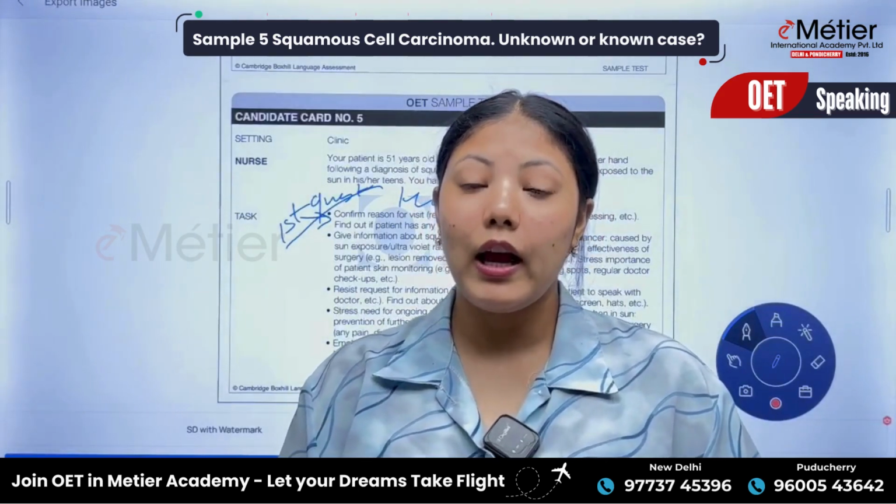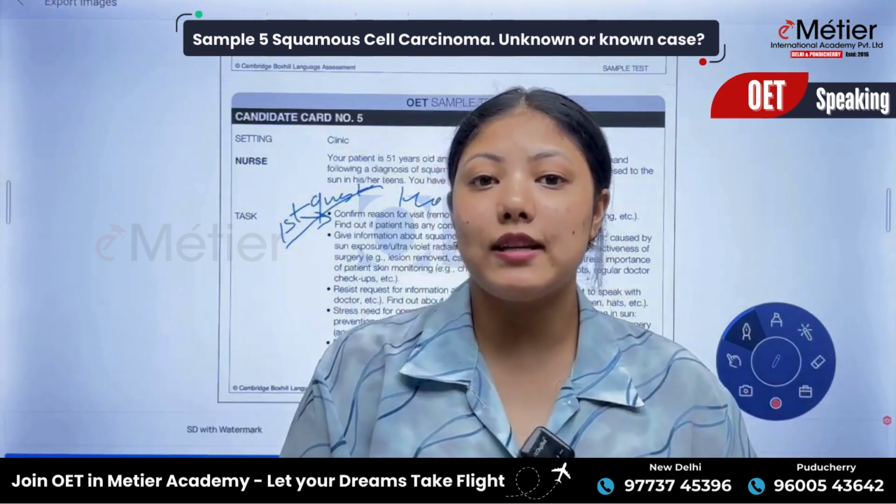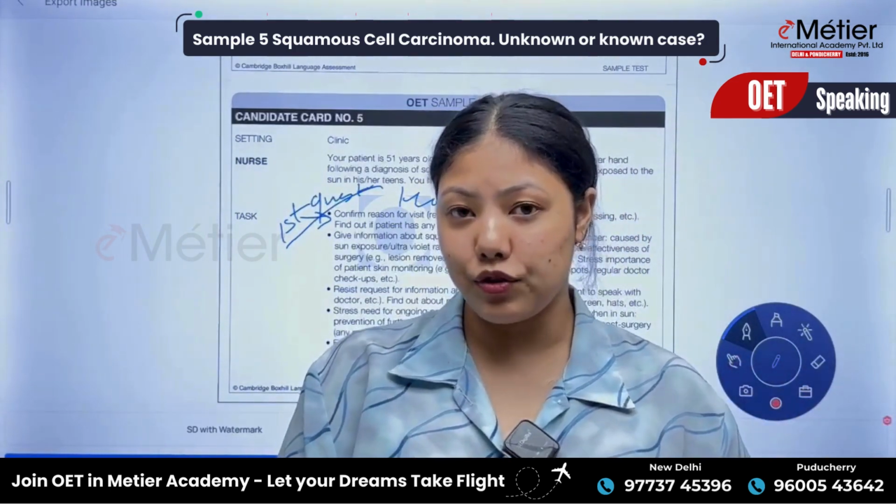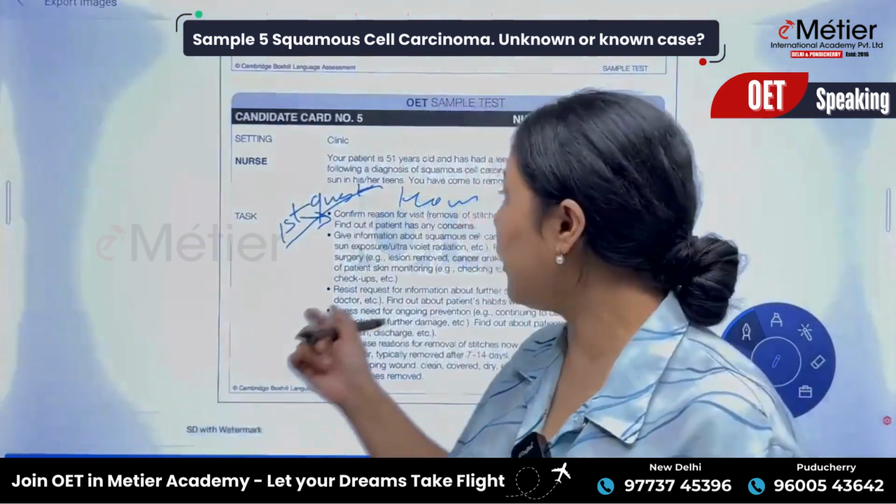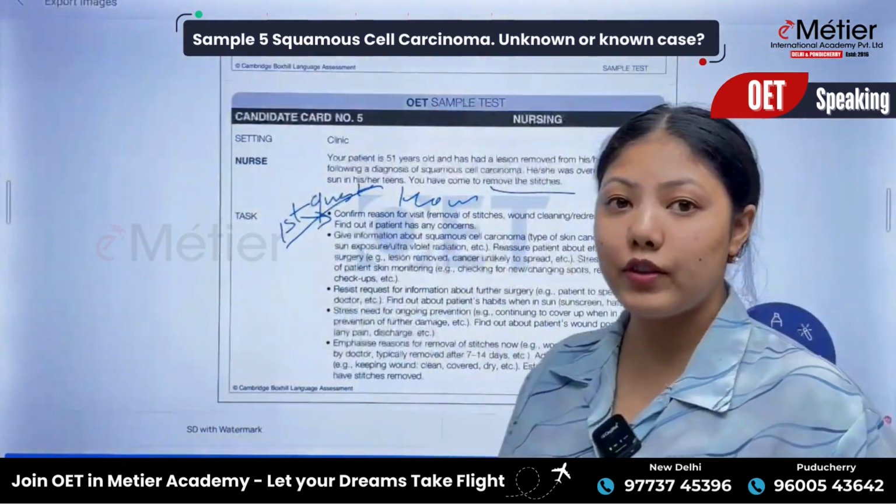Then why are we asking name in unknown cases? All right. And if it is said कि आप already patient को assess कर चुके हो, you've already taken the vitals, or you've already assessed the patient, then why are we sitting and asking how are you? No, we already know how the patient is. We already know that we've come with the purpose to remove the stitches.